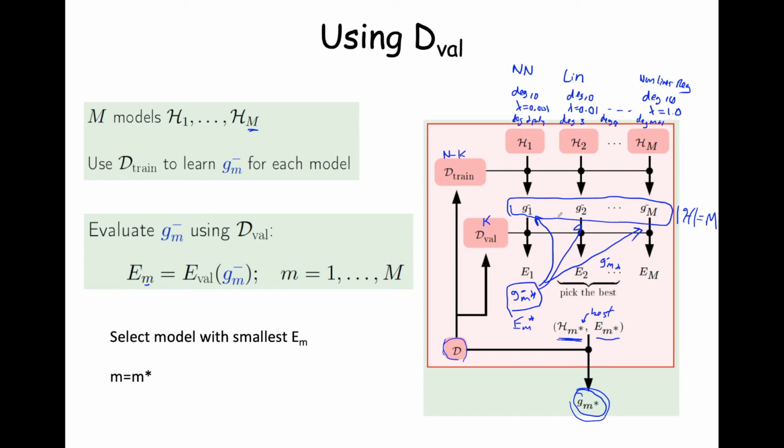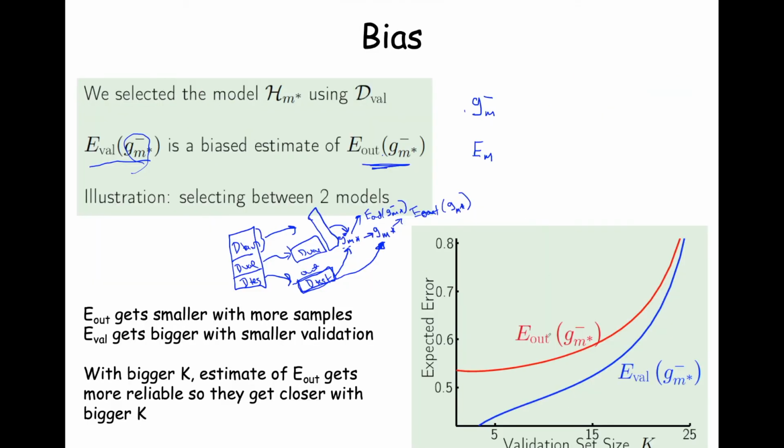So if they have worse performance out of sample, the estimate of out-of-sample error is also going to be pretty bad. So the reason why this E val of g_m star minus goes up as validation set size goes up is because the hypotheses have less data on which to train, and therefore the estimate of their error is going to be larger, because less data to train means worse performance out of sample.